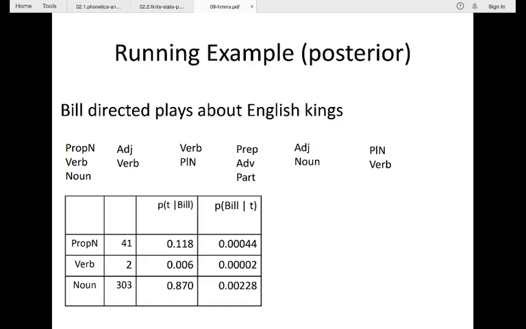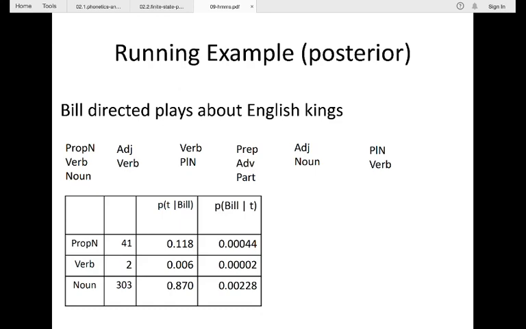The probability that relates a part of speech, a hidden thing, to an observed thing, the word. So which of these corresponds to the emission probability?